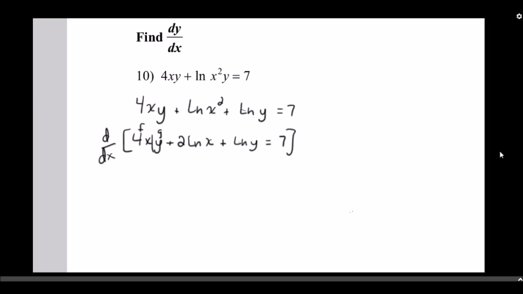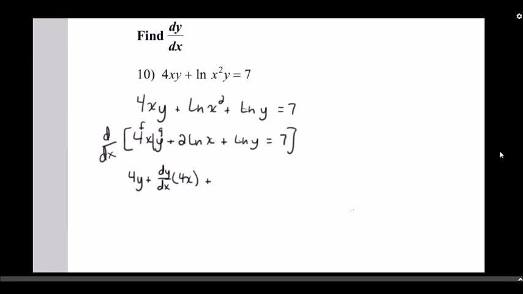So f prime is 4, then times g, plus g prime. The derivative of y with respect to x is dy/dx. So there's g prime times f. So these two pieces are the derivative of that first part, 4xy.